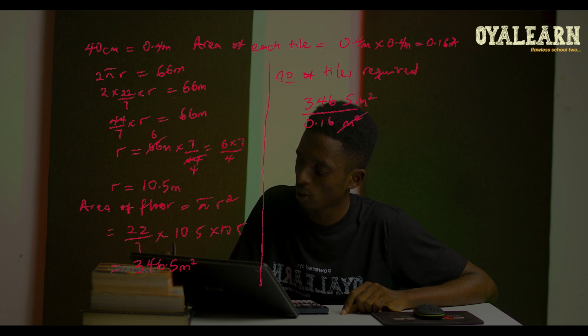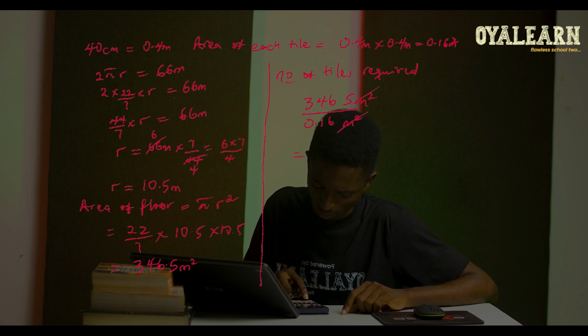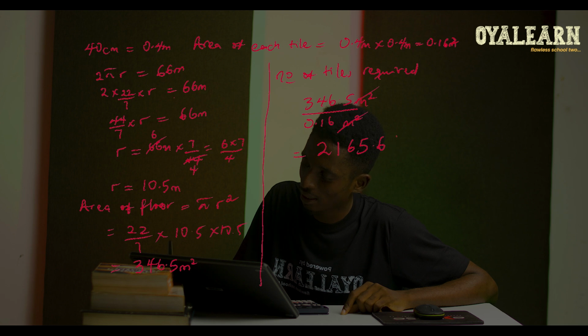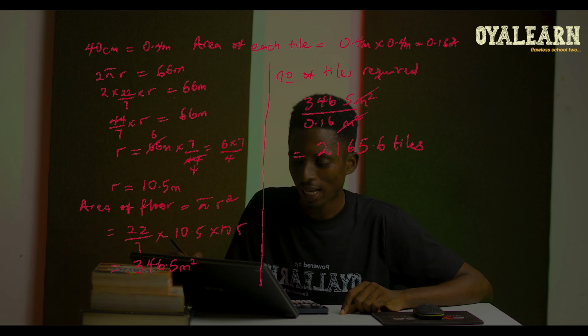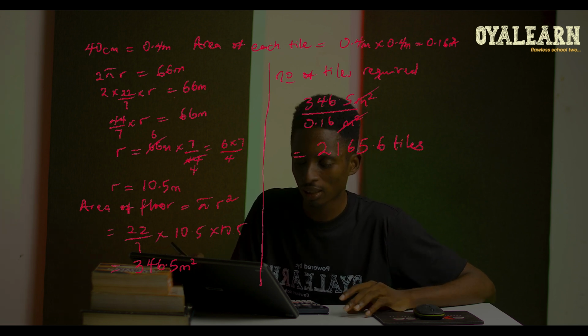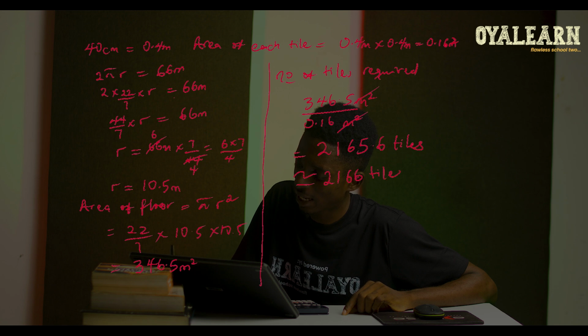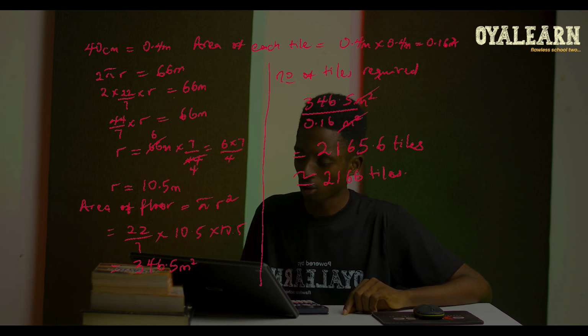So meter squared cancels meter squared, and our answer is 2,165.6 tiles. And since the question says we should do that to the nearest whole number, this is approximately 2,166 tiles. And that's question 3.